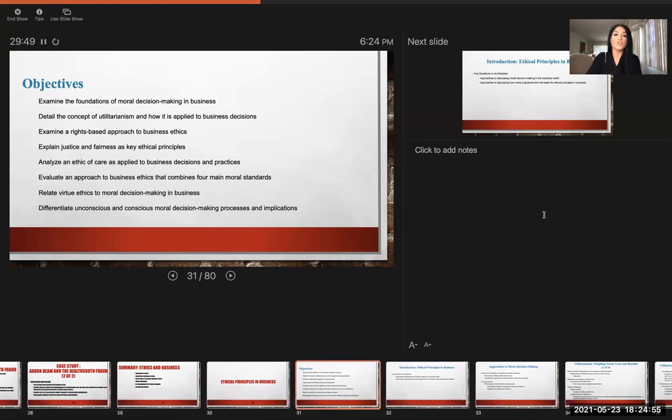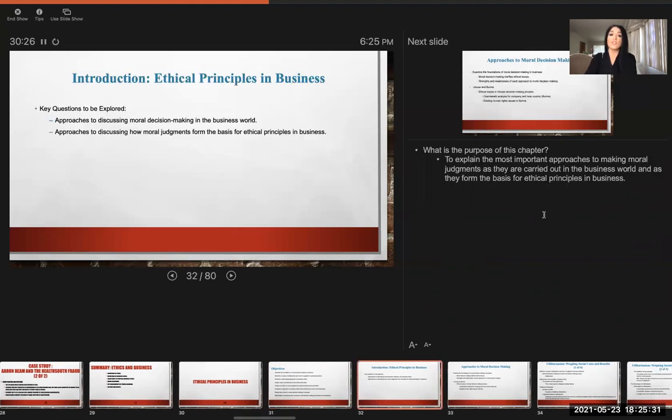By the end of this section, you should be able to examine the foundations of moral decision-making in business, detail the concept of utilitarianism and how it is applied to business decisions, examine a rights-based approach to business ethics, explain justice and fairness as key ethical principles, analyze an ethics of care and apply it to business decisions and practices, evaluate an approach to business ethics that combines four main moral standards, relate virtue ethics to moral decision making in business, and differentiate conscious and unconscious moral decision making processes and implications.